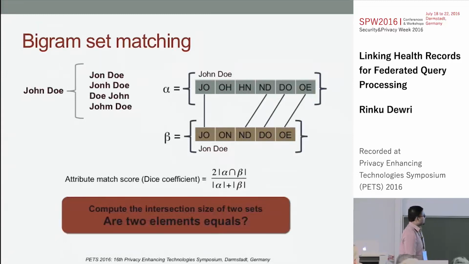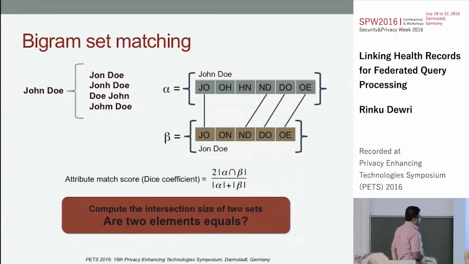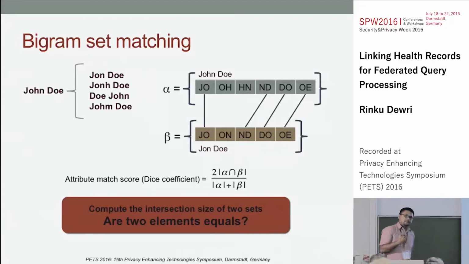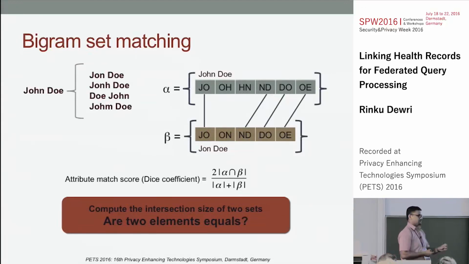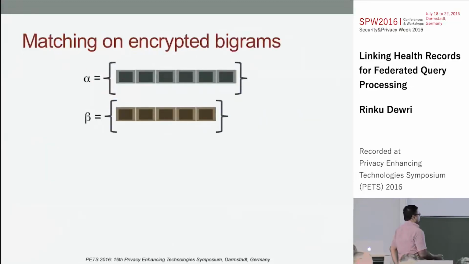So the whole thing boils down to finding the intersection size of the two sets, which means we need to figure out if two elements are equal or not. If two elements from two different sets are equal, they're in the intersection. It doesn't look so bad, but then the problem arises because now we are saying that we cannot see the strings.